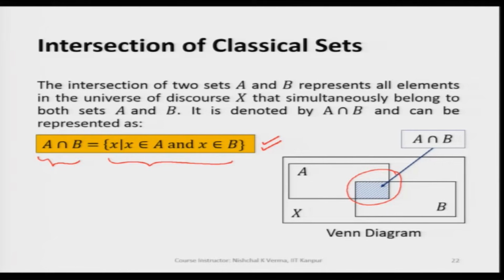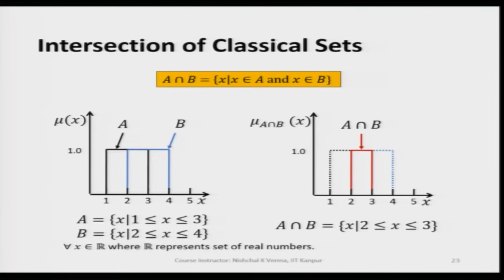It means the elements which are common in both the classical sets are regarded as A intersection B. This can also be understood by this example, where we have two classical sets A and B, and A intersection B will be the common portion of these two continuous classical sets.